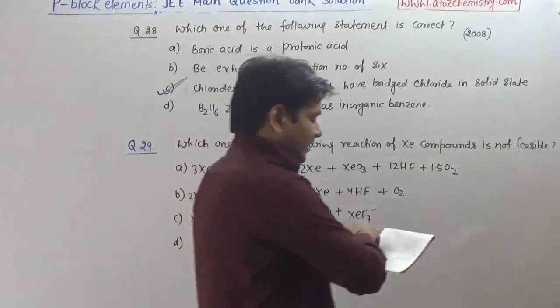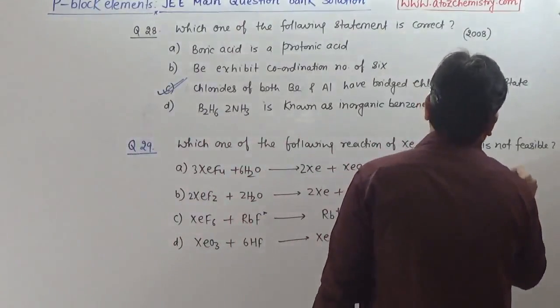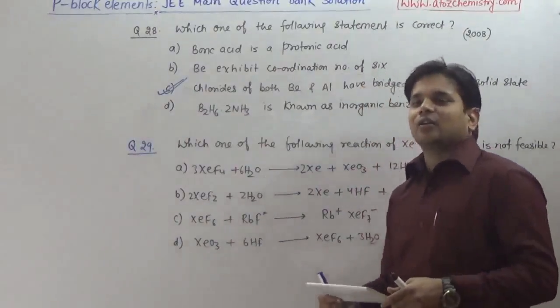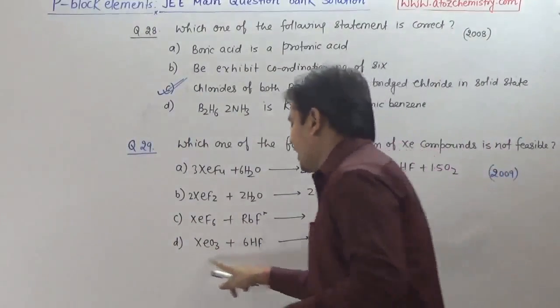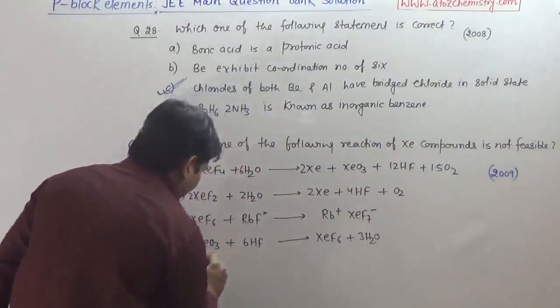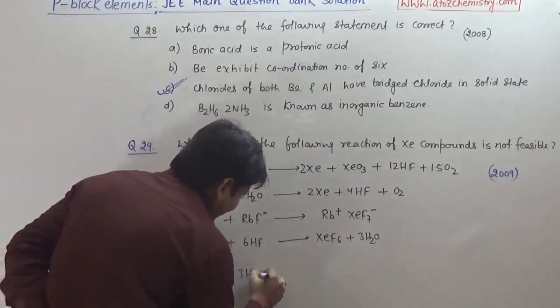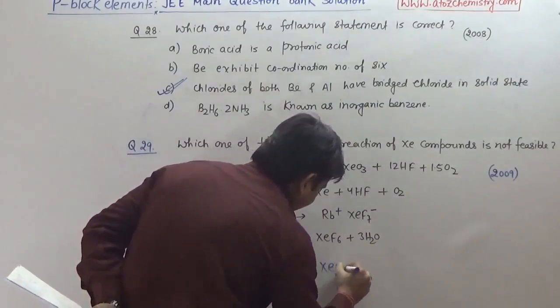This was the question asked by JEE Main in 2009. If you look at the options given, you know that xenon fluorides undergo hydrolysis. If you look at the last option, this is the reverse reaction of XeF6 plus 3H2O reacting to produce XeO3 plus HF.